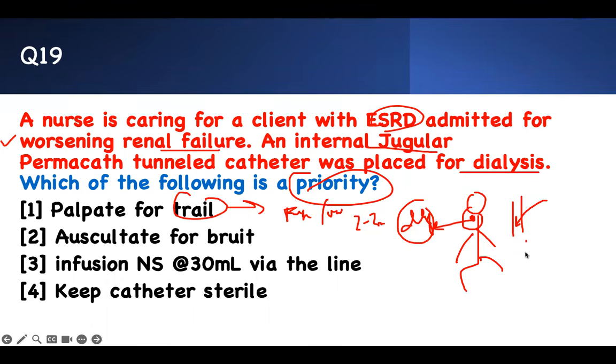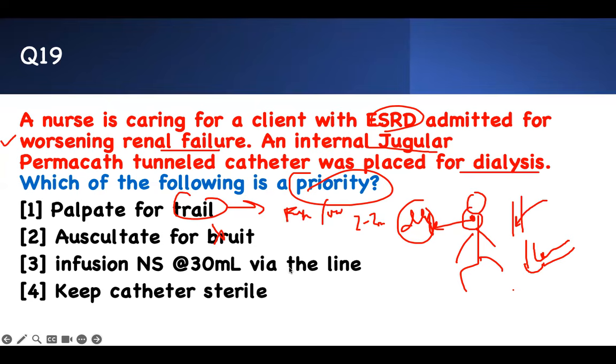I'm not connecting the artery and the graft together and sewing it. The bruit and the thrill are caused by creating a fistula connection between two things. This is not a connection. I just stick the vein and I put the catheter in. So I won't see a bruit either.